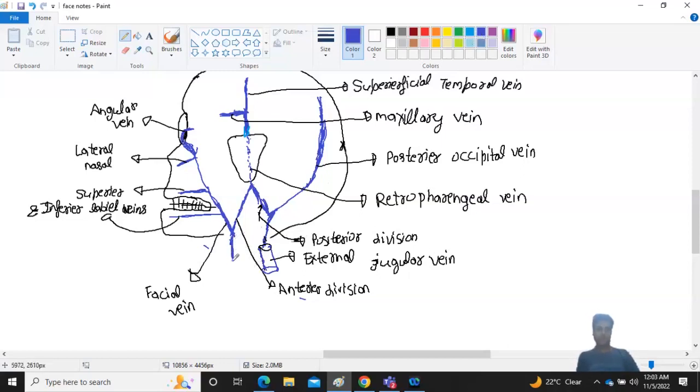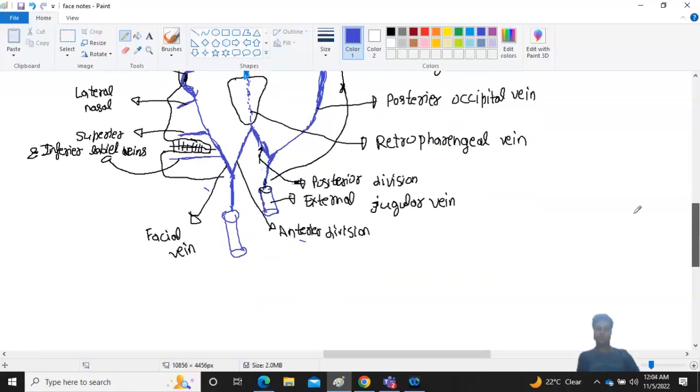Let's say if we draw, this is the common facial vein. We can write that it finally drains into the internal jugular vein. We know there are two veins, internal jugular and external jugular. This is the external jugular and this is the internal jugular.